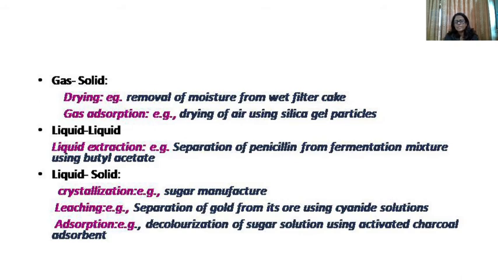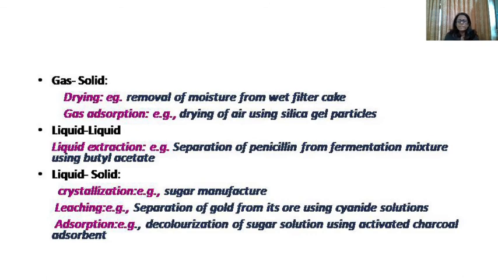Coming to liquid-liquid extraction. This is an operation involving the contact of two immiscible liquid phases, and the objective is to remove one or more components from a liquid phase. An example for this is separation of penicillin from fermentation mixture using butyl acetate as the solvent.